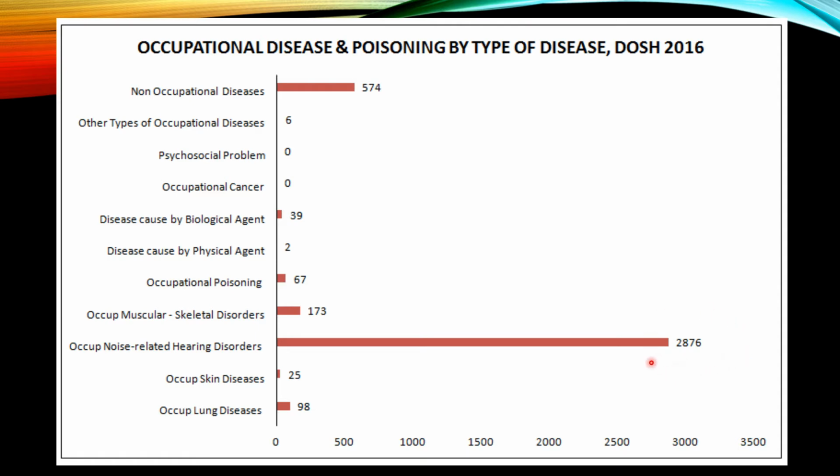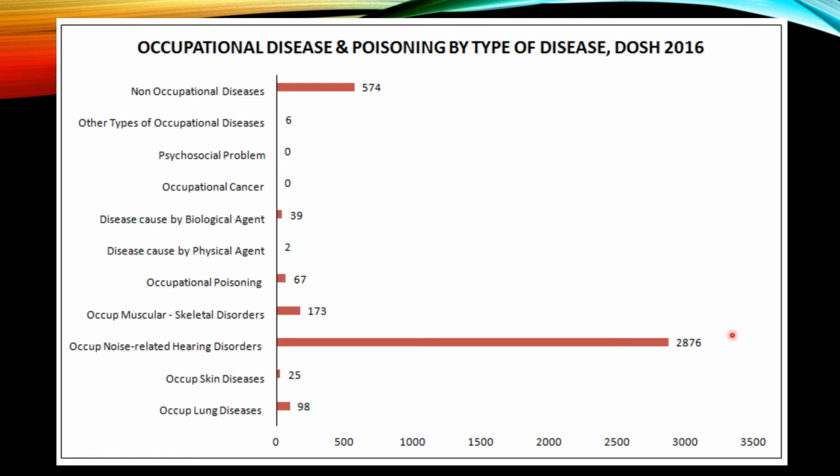Alright, but before I move on, if I ask you, I mean, this is just a rhetoric, because we're in an asynchronous virtual lecture. If I ask you, why is it that occupational noise related hearing disorders consistently is the top occupational disease in Malaysia?